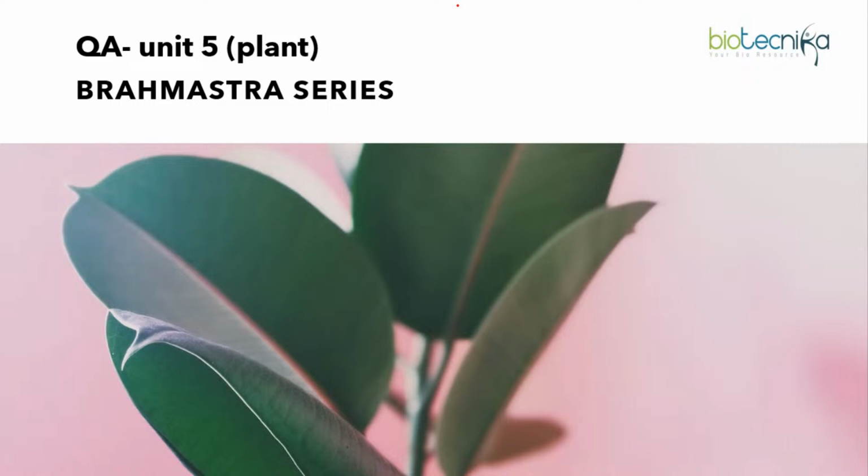Okay. Now whether it be part B or part C question, the question formats are absolutely the same. In part C only they will add some extra 2-3 lines and extend the paragraph. That's it. Okay.